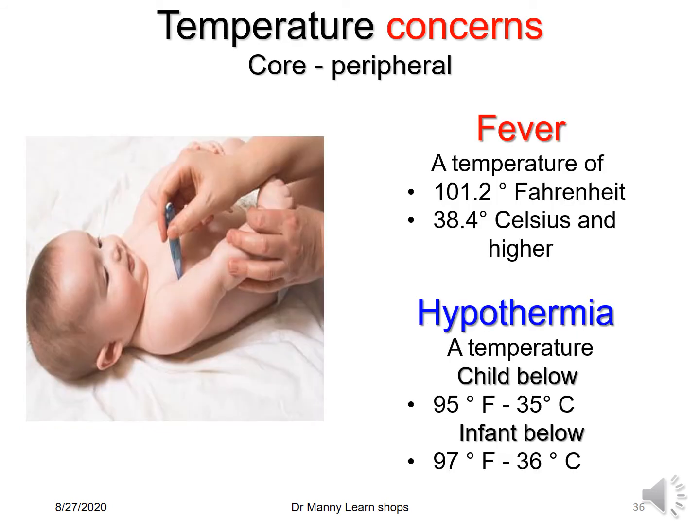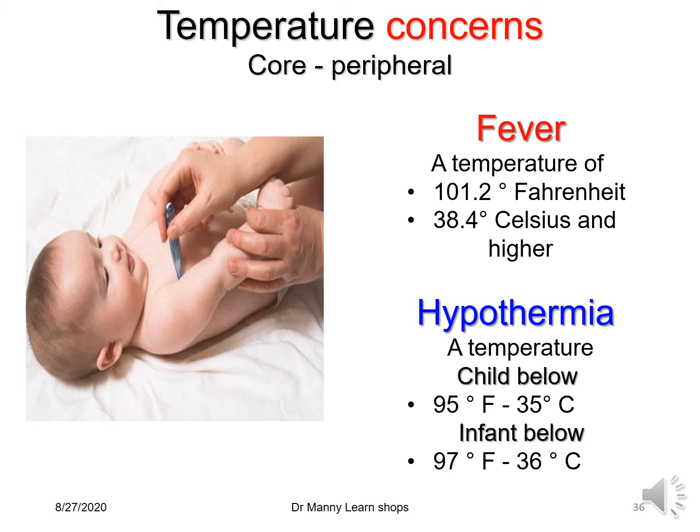Temperature concerns are whether you're hypothermic or hyperthermic. And if we took the common terminology with infants and children, we're talking about a fever. And a fever is typically classed as being 101.2 degrees Fahrenheit or 38.4 Celsius or possibly higher. Hypothermia in a child is below 95 degrees Fahrenheit, about 35 degrees centigrade.